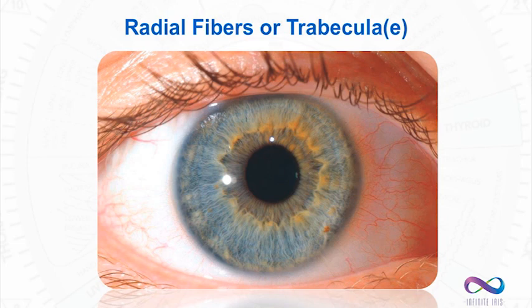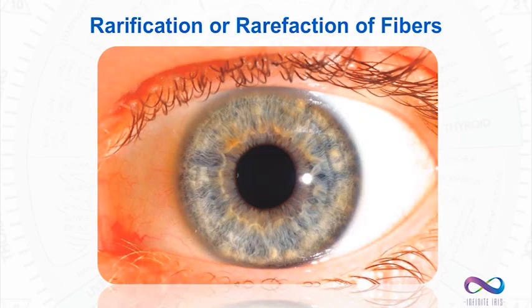Remember, we said that each fiber of the iris, every single fiber, is a blood vessel, and each blood vessel is covered with a sheath. Each one of those fibers is called a trabecula. More than one trabecula is trabeculae, with an E. When those fibers begin to separate, those are called rarefications of fibers or rarefaction of fibers.